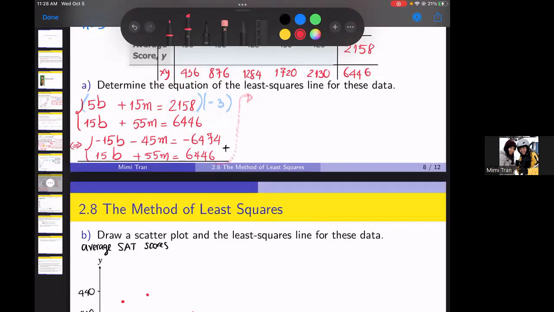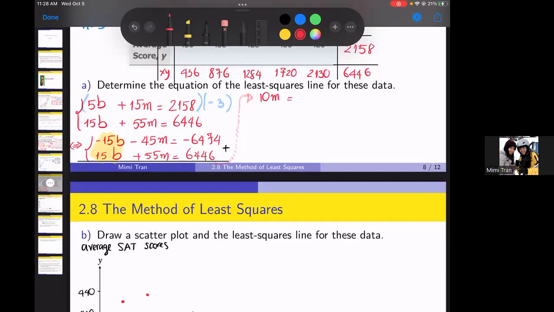So up here, when you add, what happened? This one cancels. Negative 45, positive 55, which is positive 10. 10m.